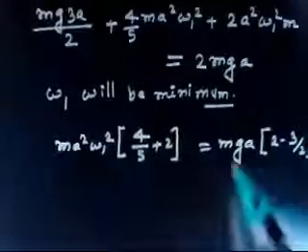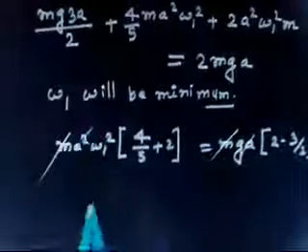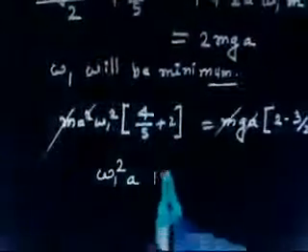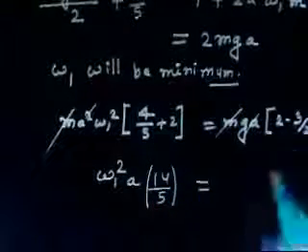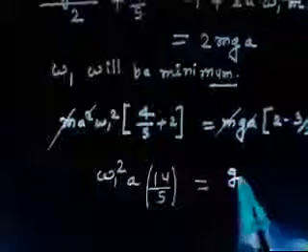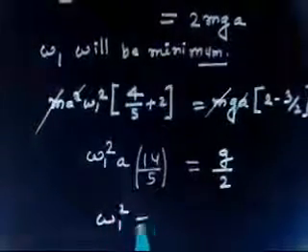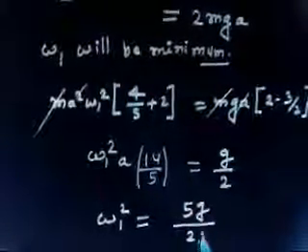So you can cancel m and m, a also you can cancel. So you will have omega 1 square a, and 14 by 5, is equal to 4 minus 1 by 2, so 7 by 2. Are you getting? So you will have omega 1 whole square equal to 5g by 28a.